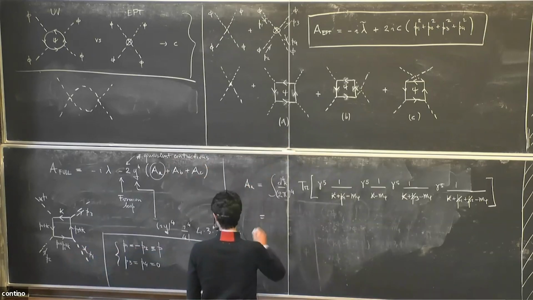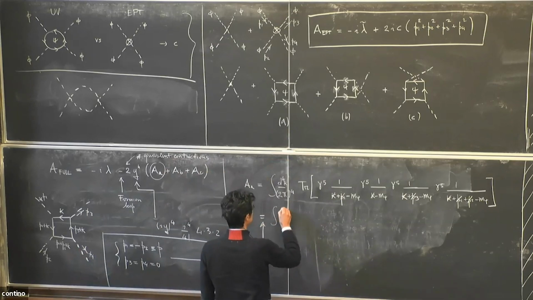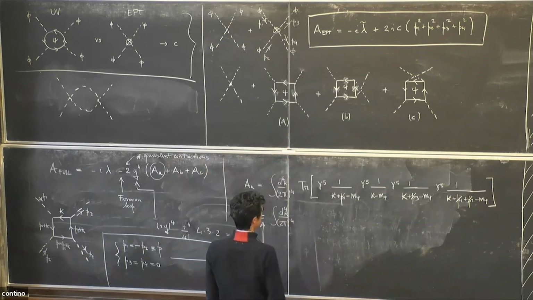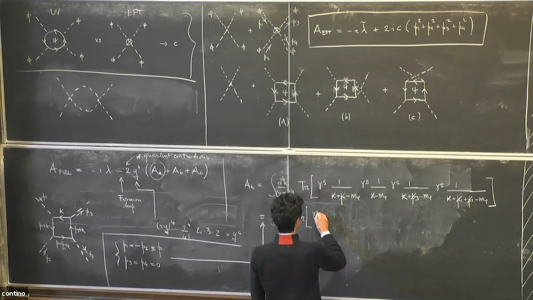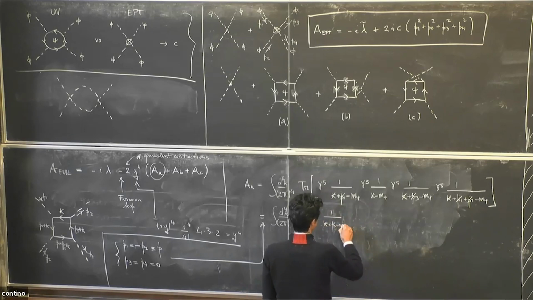Under this choice of kinematics, this integral simplifies, and at this point I'm left with only one external momentum. So this gamma 5, 1 over k slash plus p slash minus m psi.